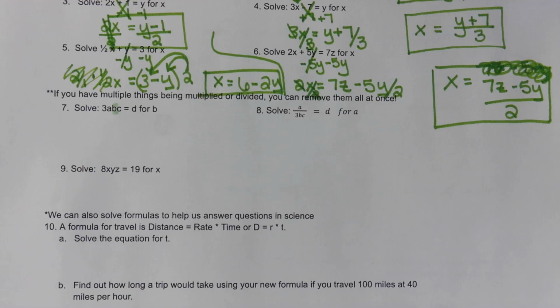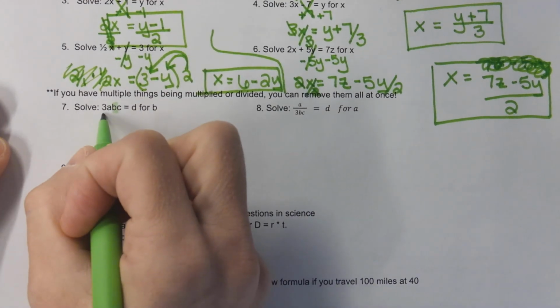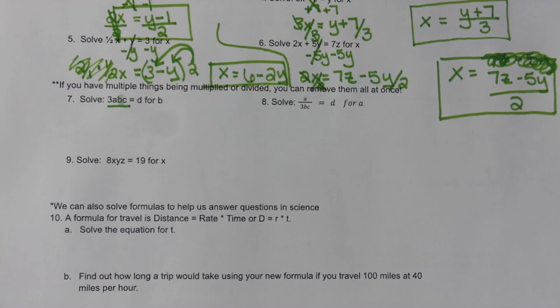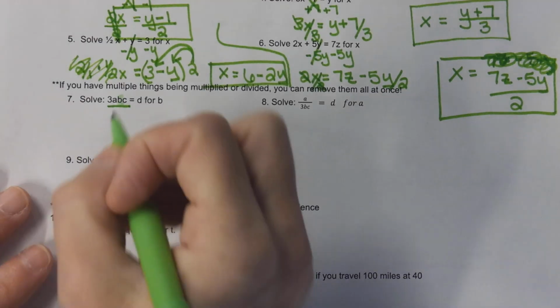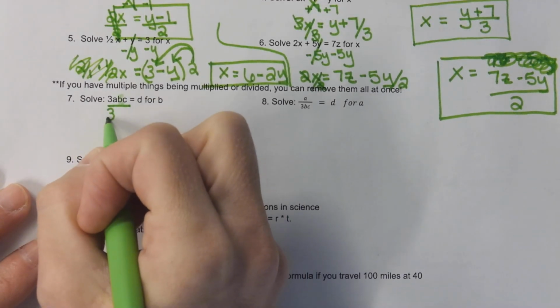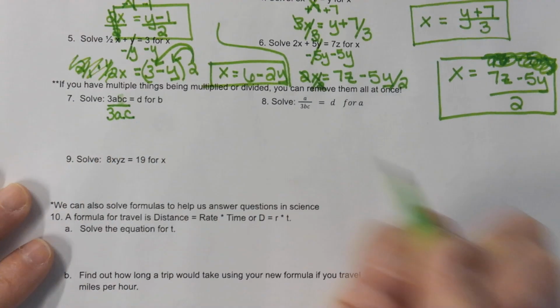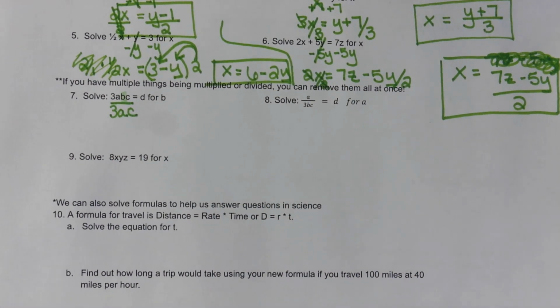They're all being multiplied. So watch what I can do. So this is new. I can divide away all the rest of it at once. So I need to divide away the 3, the a, and the c. I'm going to leave the b, yes? The b can stay because that's the one we wanted alone.